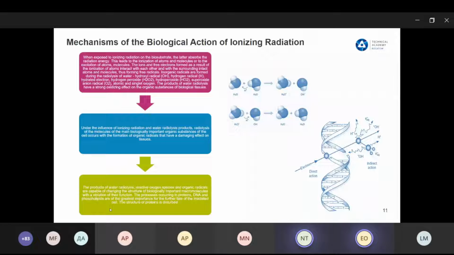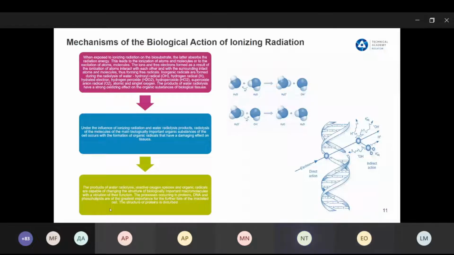Under the influence of ionizing radiation and water radiolysis products, radiolysis of the molecules of the main biologically important organic substances of the cell, DNA, nucleotides, amino acids, proteins, carbohydrates, etc., occurs with the formation of organic radicals that have a damaging effect on tissues.